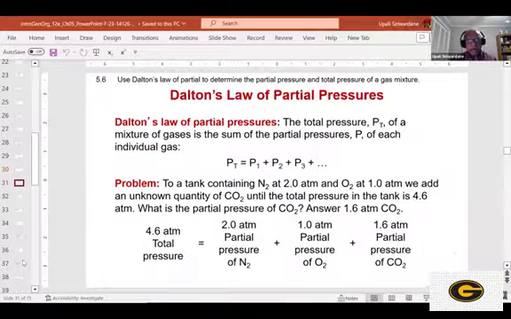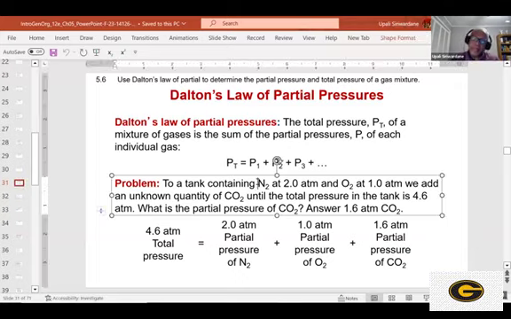We also did problems with Dalton's partial pressure. Dalton's law of partial pressure applies to a mixture of gases. For example, the problem here, a mixture of nitrogen and oxygen right here.